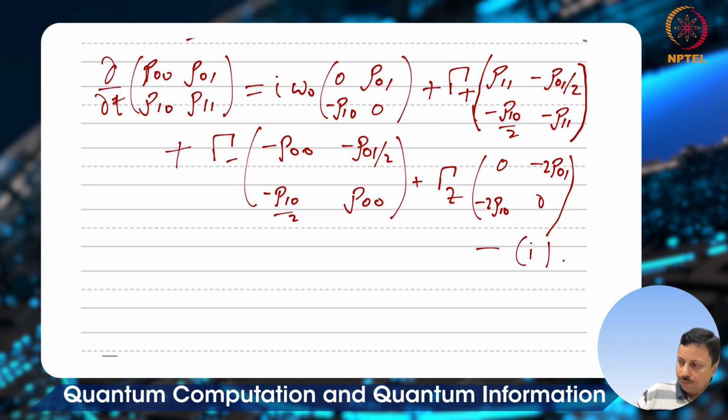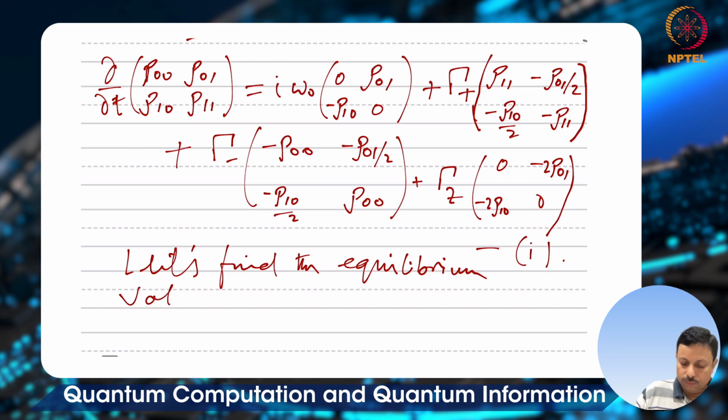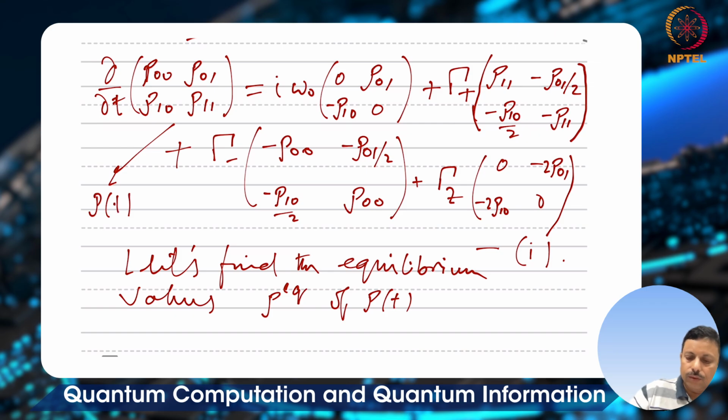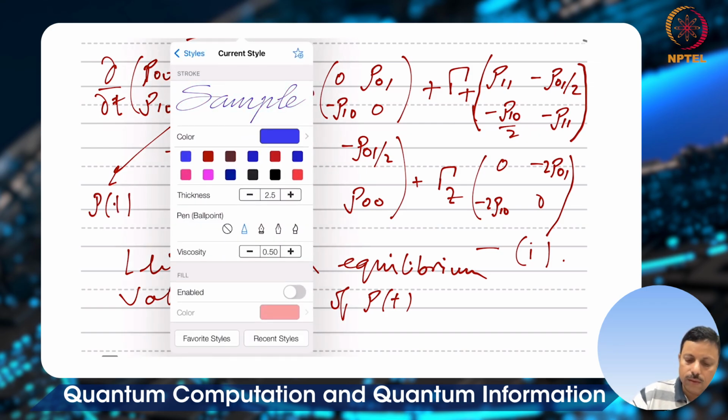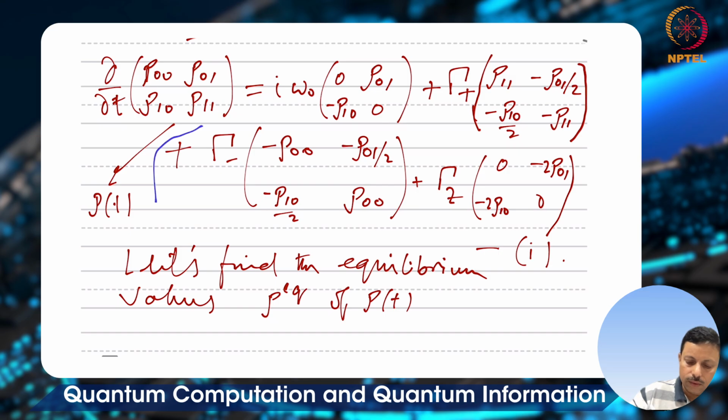So let us find the equilibrium values, the equilibrium of rho of t. Okay, this is your rho of t. Right.